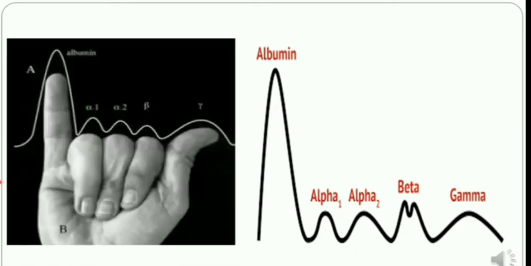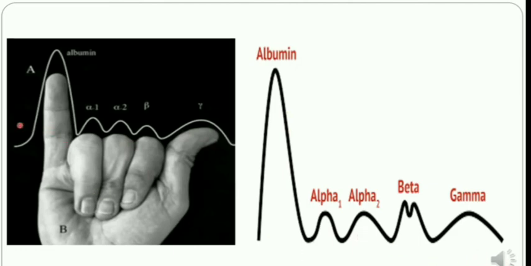There is a very easy way of remembering. We can just compare it to a fist of the right hand with 3 fingers folded. If you fold 3 of your fingers, the middle fingers, and just leave the little finger and the thumb open, it will resemble the electrophoretogram of serum proteins.